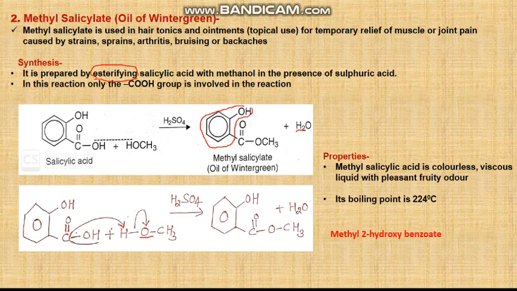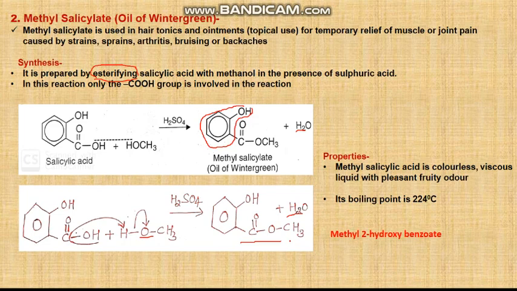So the positive charge and negative charge, they will combine with each other and they will form water molecule, and the remaining moiety will combine with this methoxy ion and they will give rise to methyl salicylate or oil of wintergreen. So now this is synthesized in laboratory.